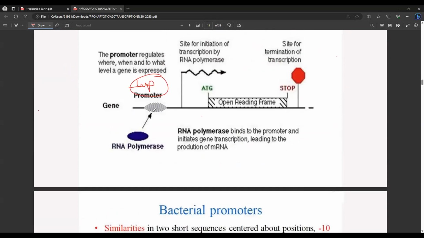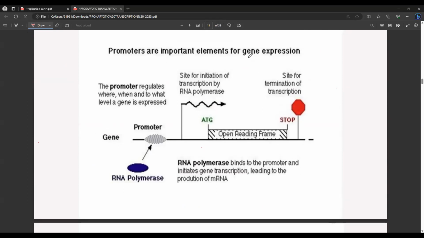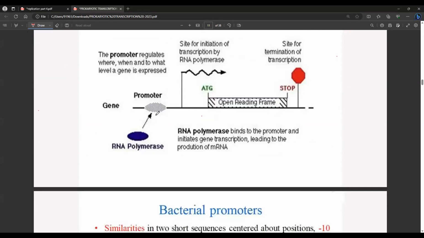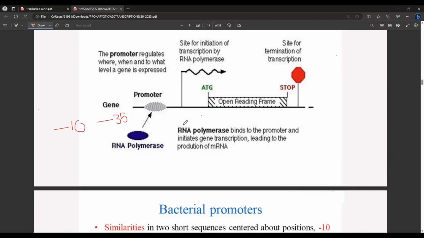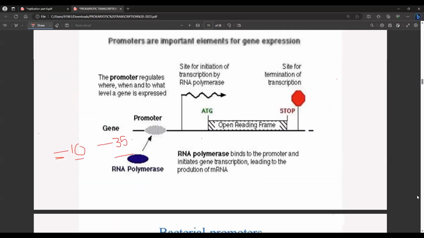How many promoters are there? Friends, in case of eukaryotes, you can find multiple promoters, many and many promoters. But in case of prokaryotic organisms, friends, remember my words, there are only two promoters. One promoter is located at the -10 region, another promoter is located at the -35 region. So why did I use the word minus? What is this 10? What is this 35?